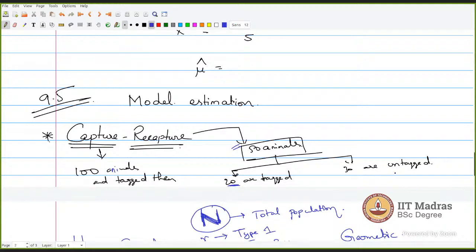So out of 50 animals, I have observed 20. So what is the sample mean? 20 by 50.